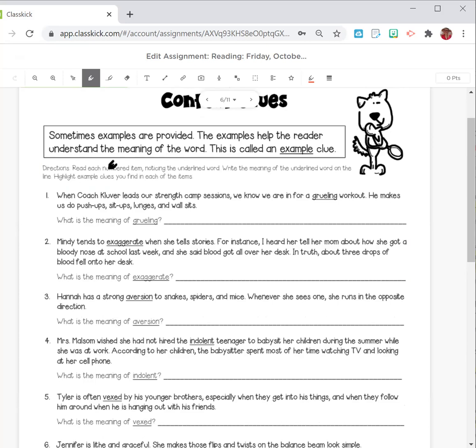He makes us do push-ups, sit-ups, lunges, and wall sits. So the examples, I'm going to underline. We do push-ups, sit-ups, lunges, and wall sits, and that's a lot of stuff. So grueling must mean that it is very hard or difficult.